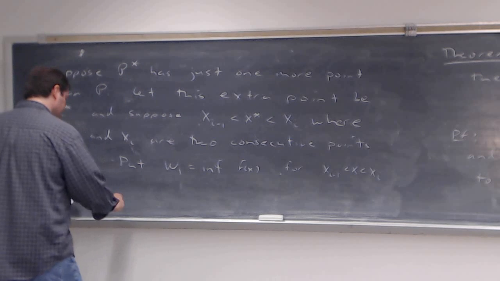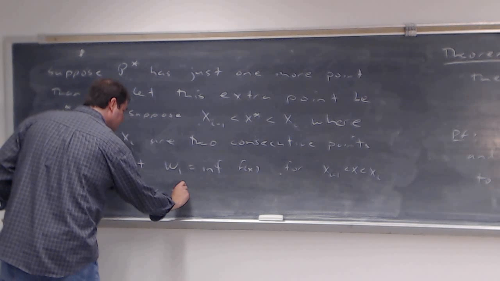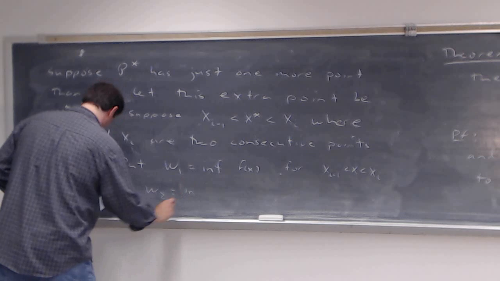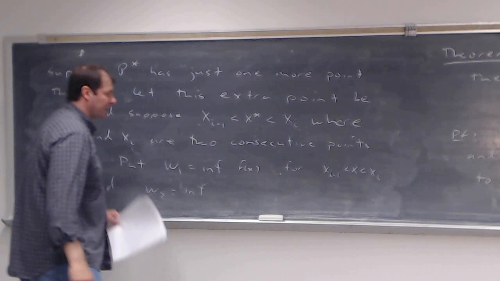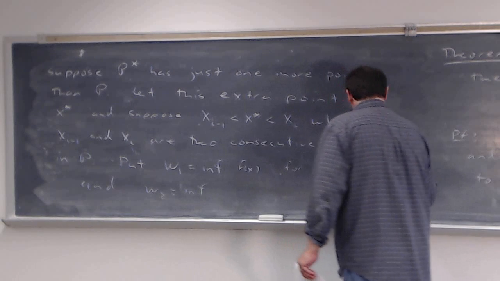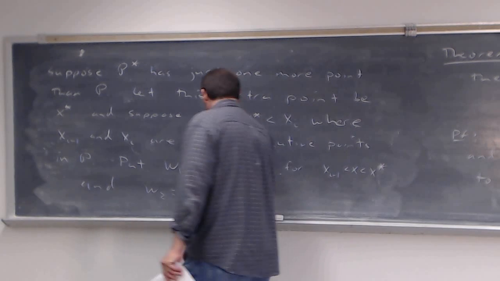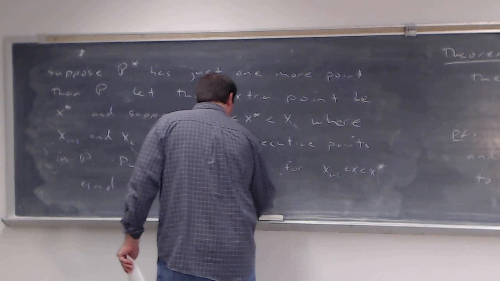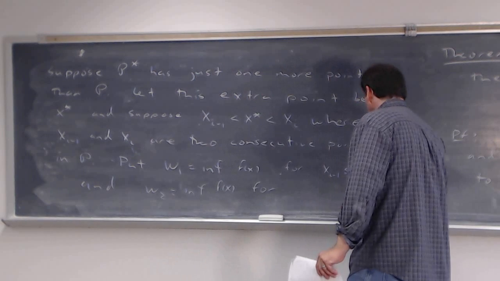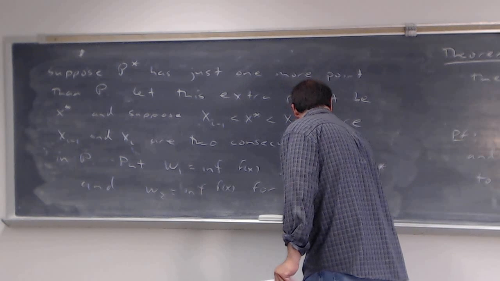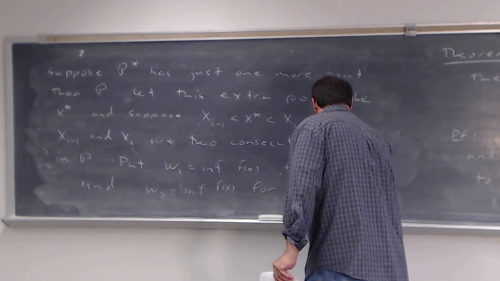And W2 equal to the infimum. I made a mistake here. This is X star. And W2 is the infimum of the f of x values for, and here I should have less than or equal to. And here it's X star less than or equal to X less than or equal to X sub i.